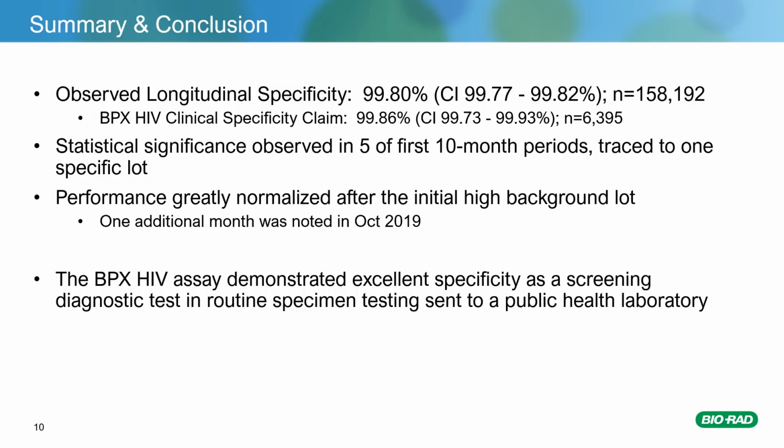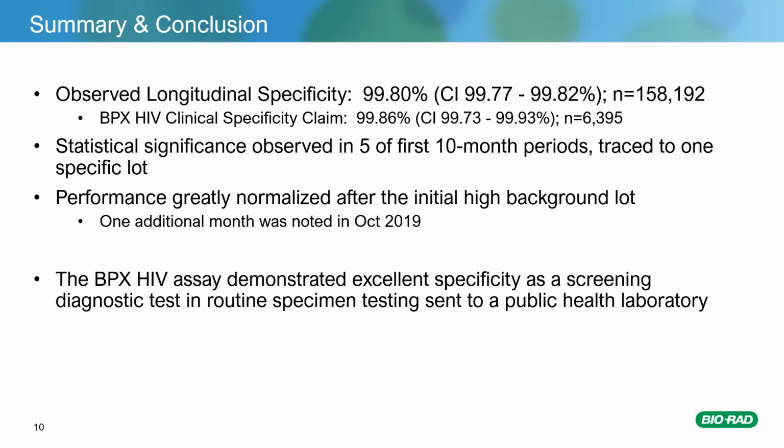So in summary, even with the first lot specificity issues, the longitudinal specificity was very high for the BioPlex HIV assay during the 4-year period at 99.8%. And if you remove that initial lot, it actually goes up to 99.86%.